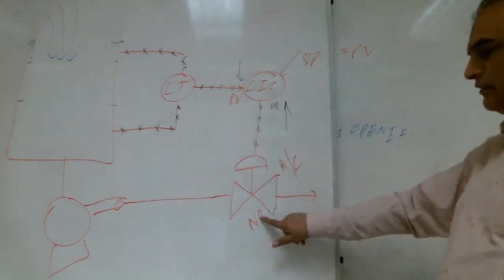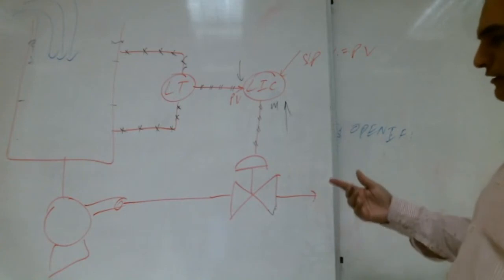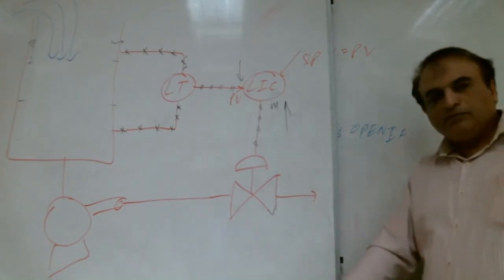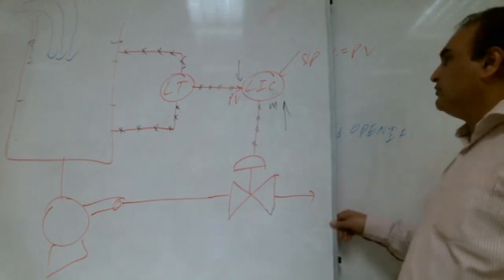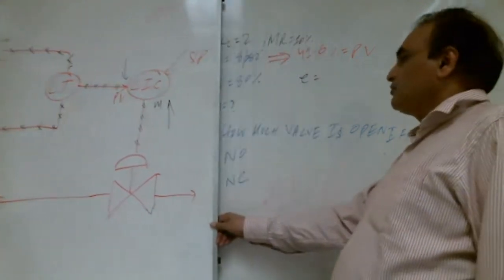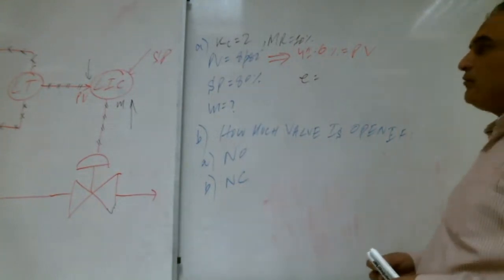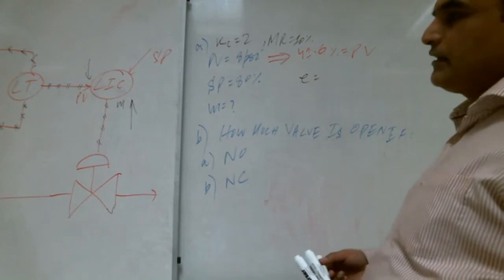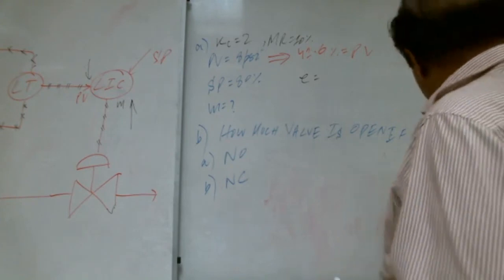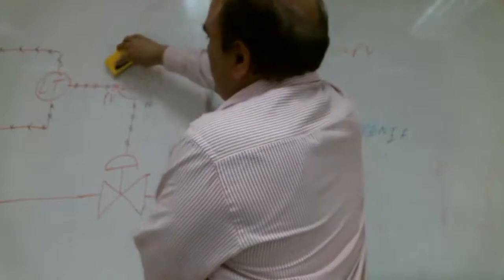But if nothing is given about the valve, then what will we do? We have to do both. If something is given, we can check it. So imagine nothing is given, then we do both.